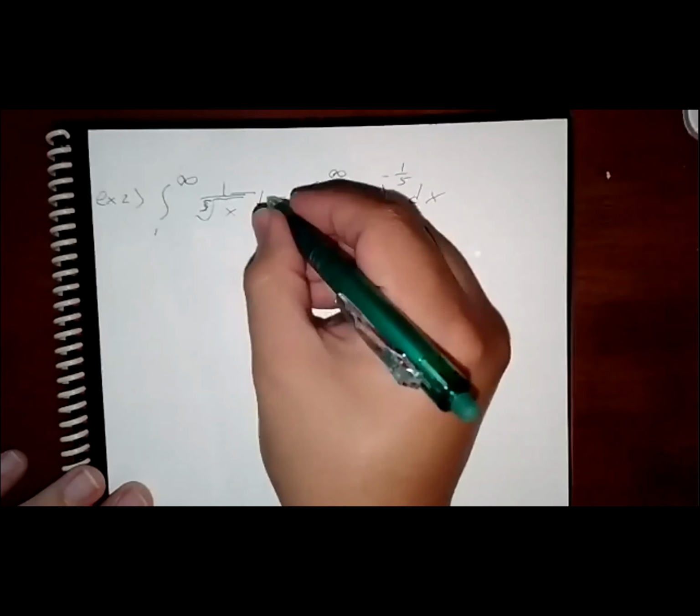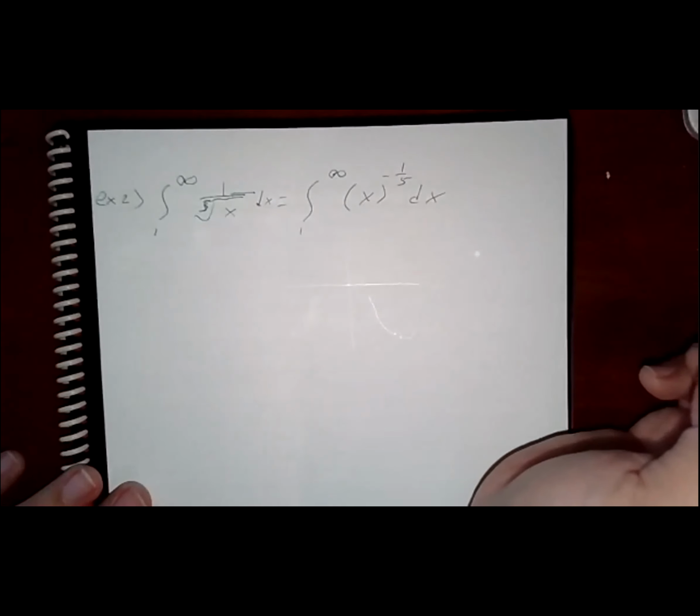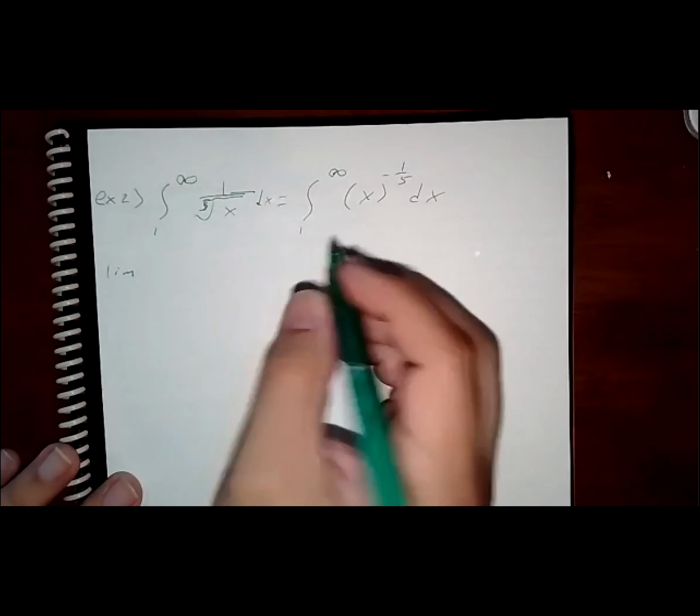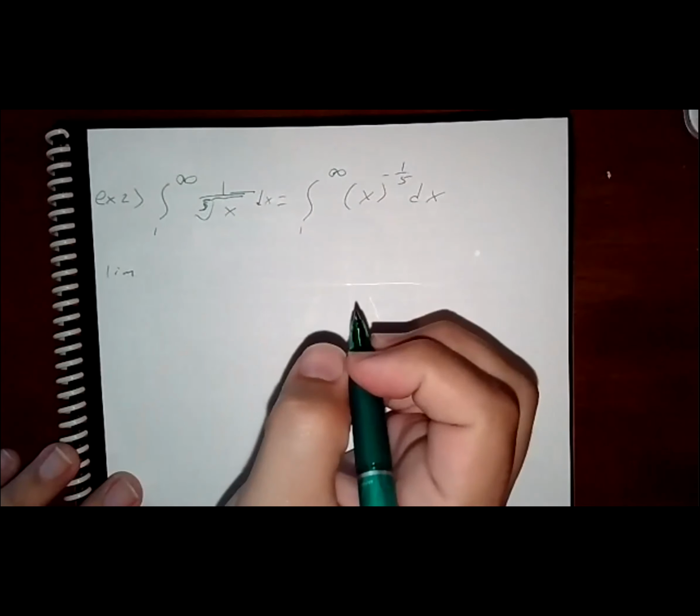Forgot the dx here. Okay, so now we write it properly. We need to introduce limits because infinity is not a number.